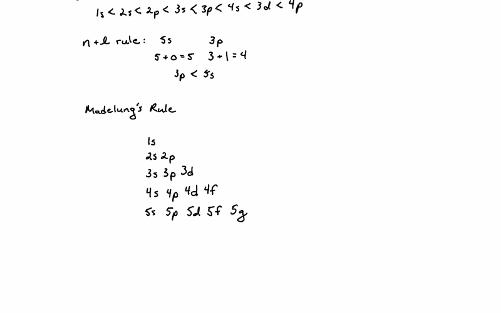Then what we do is we draw diagonals. Okay, and we kind of imagine going around in sort of a spiral here. Okay, and that will give us the order of our orbital energies.